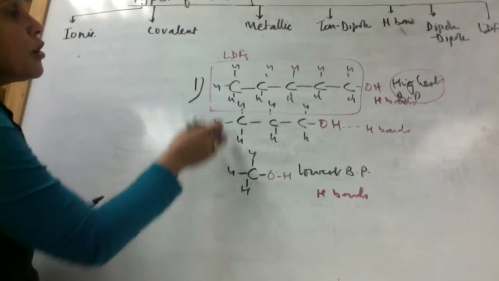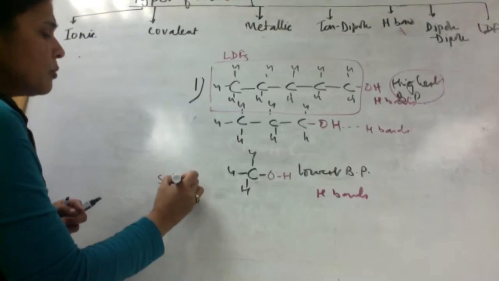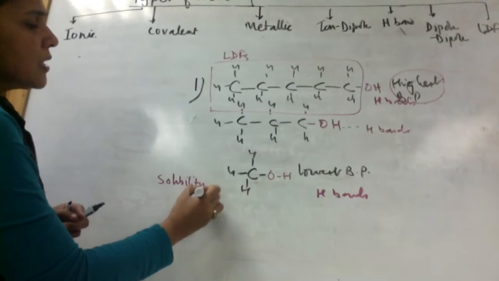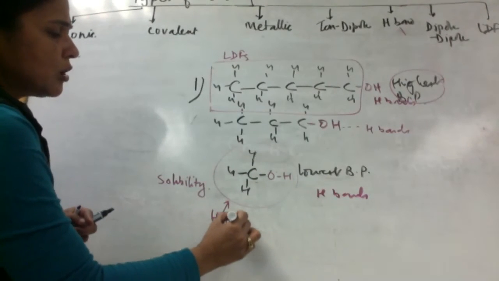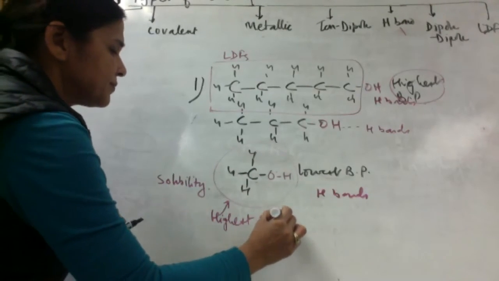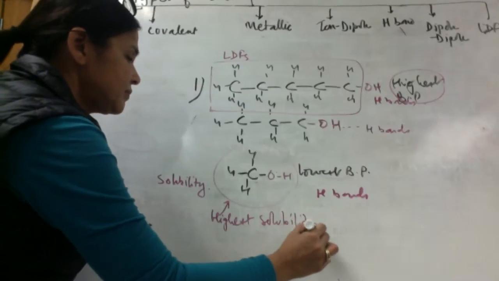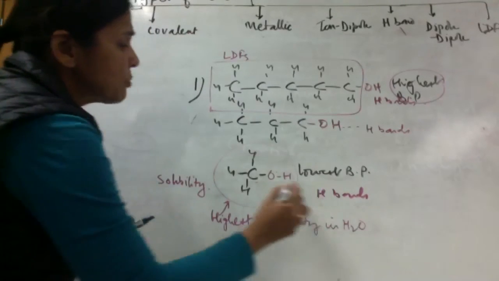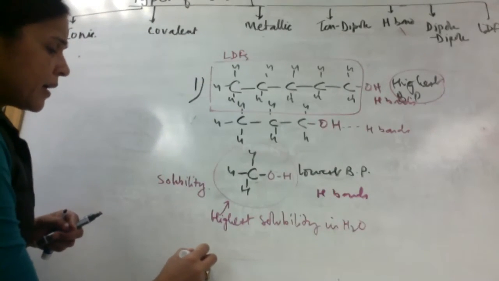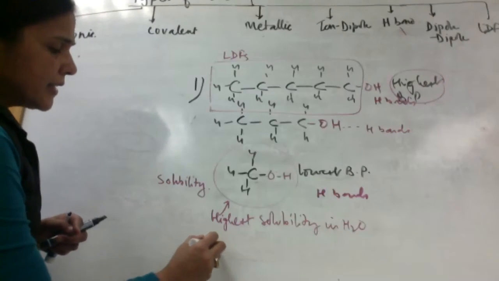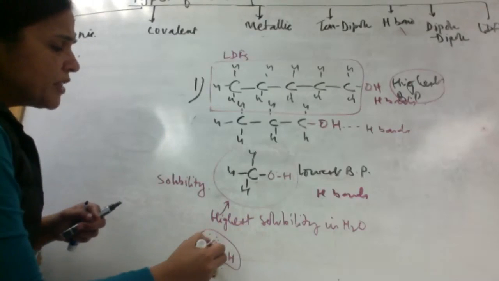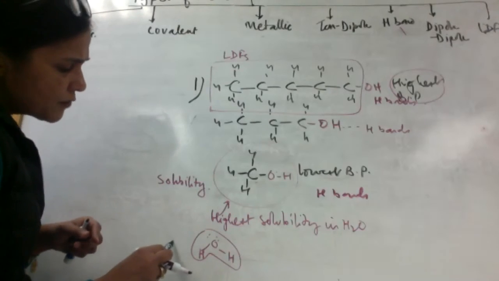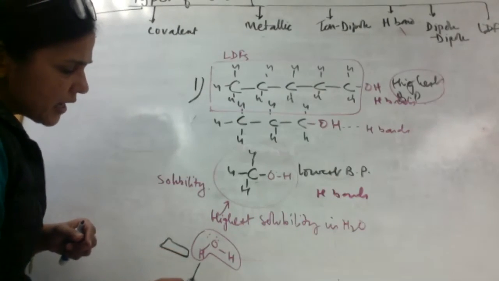However, if you were talking about solubility of these alcohols in water, this one will have the highest solubility in water, because this is the smallest molecule. Remember, water is like this, right? It's a small molecule. For something to be soluble in this, they have to be able to arrange themselves around it, right?